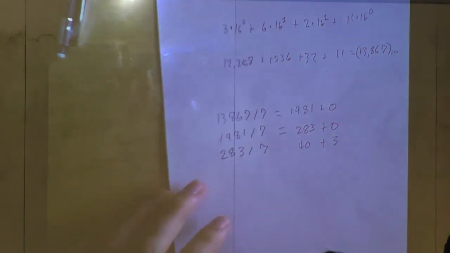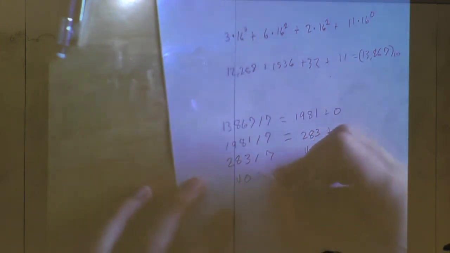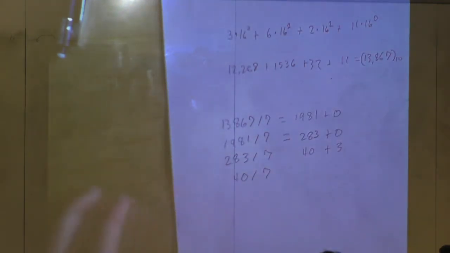And then from 40 divided by 7, we're going to have 35, plus 5.